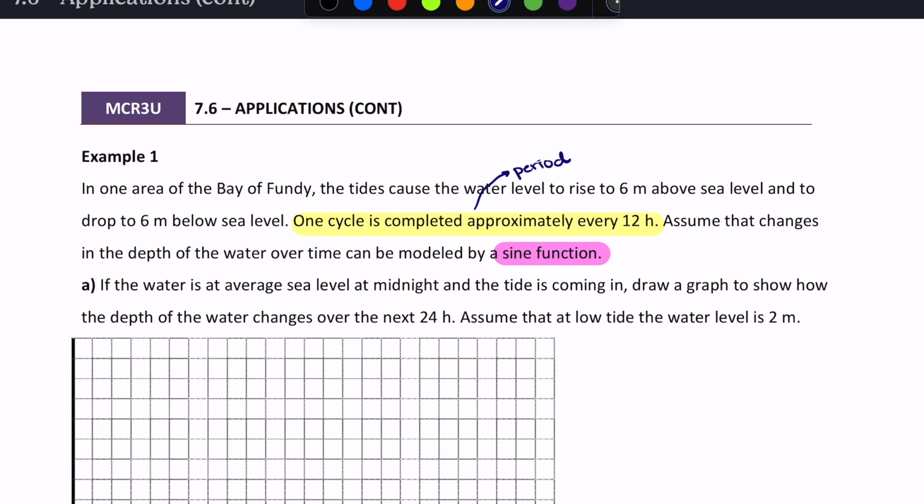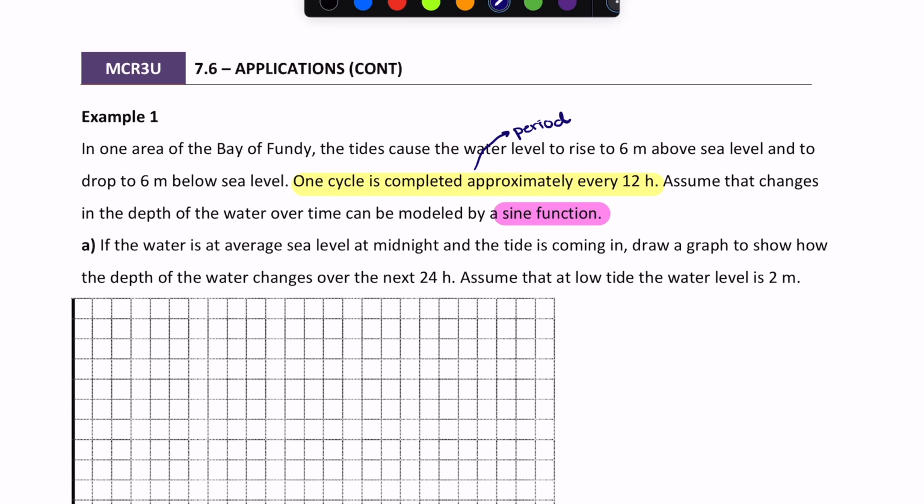Here it says if the water is at average sea level at midnight, what that will tell us is that it is on the axis, t is equal to 0. And the tide is coming in, which means that it is getting deeper.